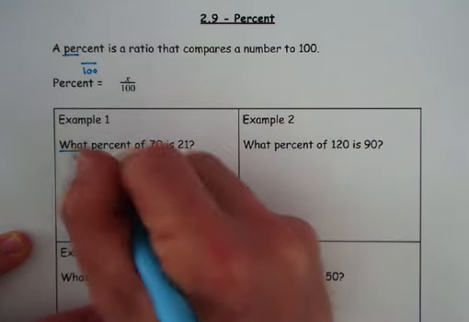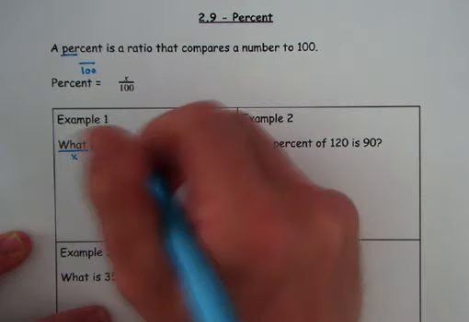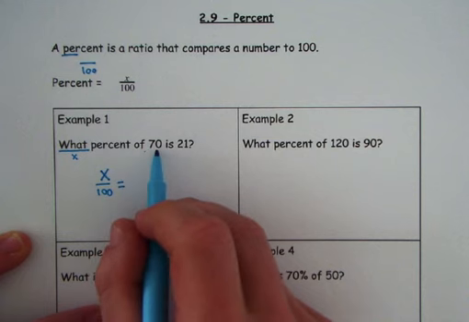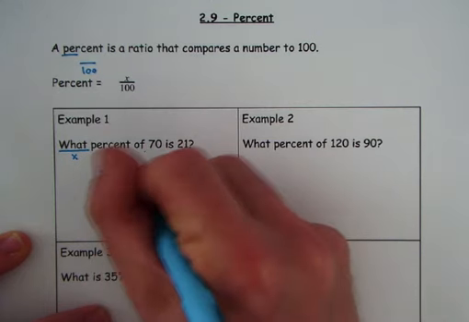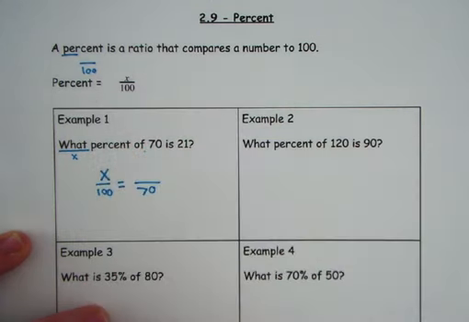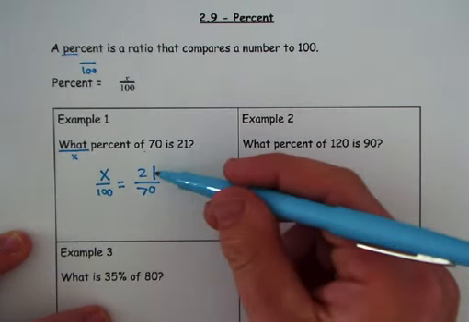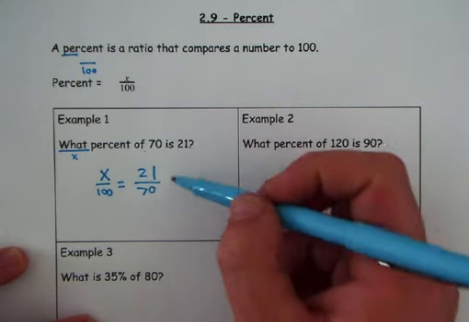We're trying to find the percent of 70 is 21. Now, of 70, so 70 is what we're going to have on our denominator, and 21 on top. So we're trying to find what percentage of 70 equals 21, or x over 100 equals 21 over 70.